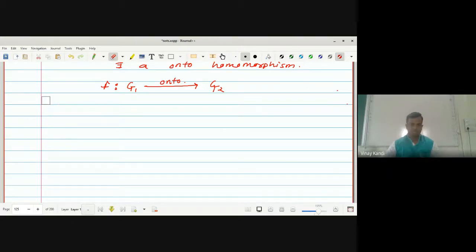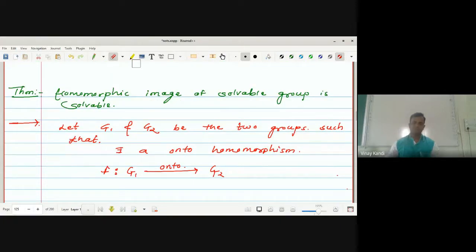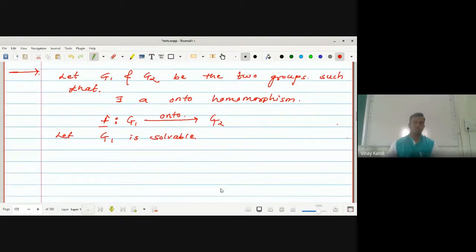I don't understand the meaning of the theorem: homomorphic image of a solvable group. Now this is f. This f is an onto homomorphism. G1 is solvable. Now the homomorphic image of a solvable group is solvable.